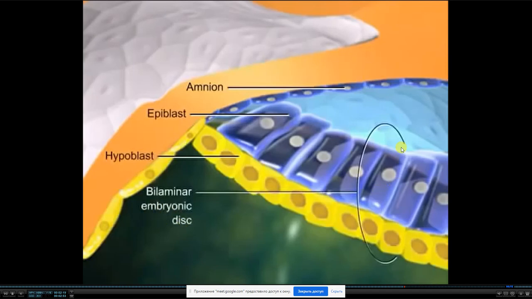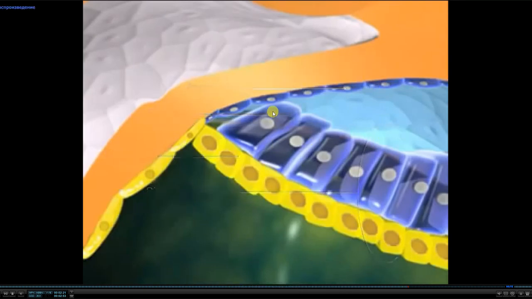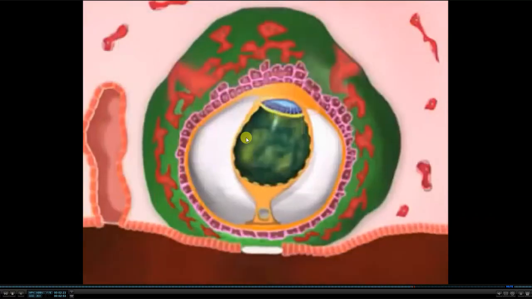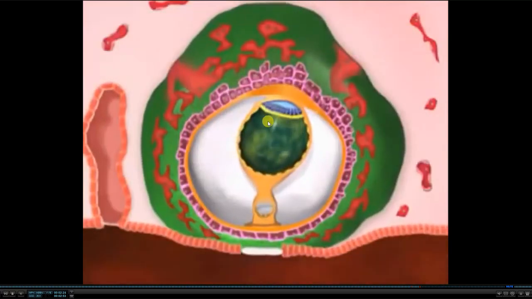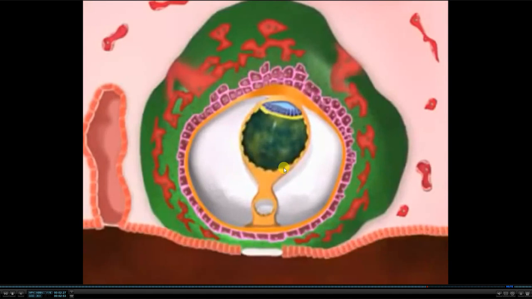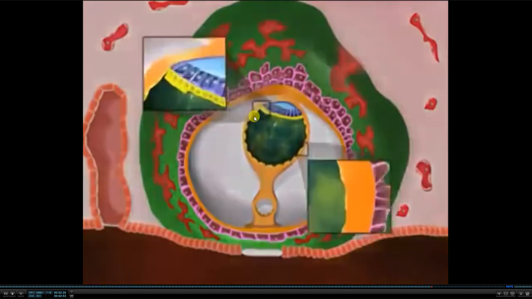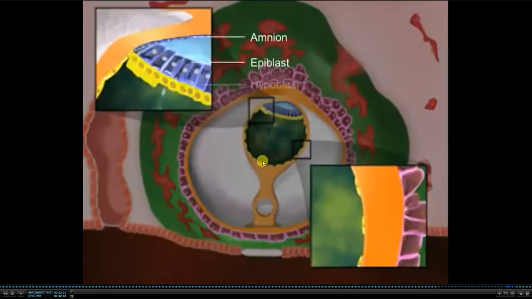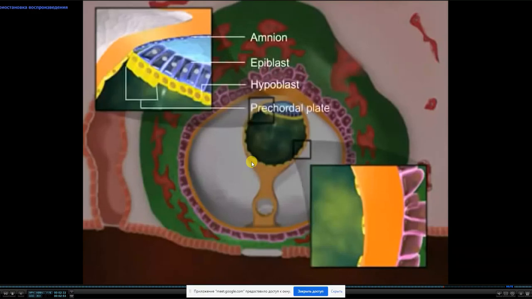This bilaminar embryonic disc separates amnion from yolk sac, and everything will change in the gastrulation process. Gradually the yolk sac reduces in size, or rather relatively reduces, since actually the entire embryo is growing, but the yolk sac remains almost unchanged, not growing.